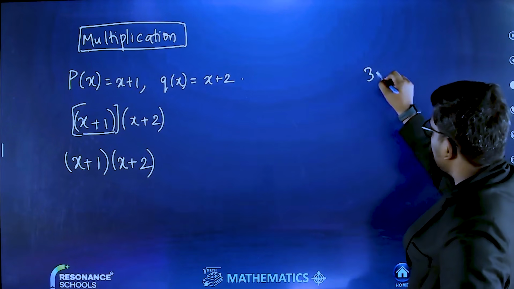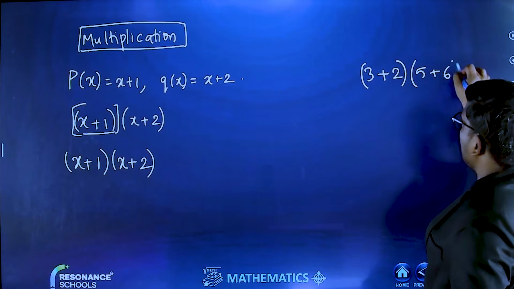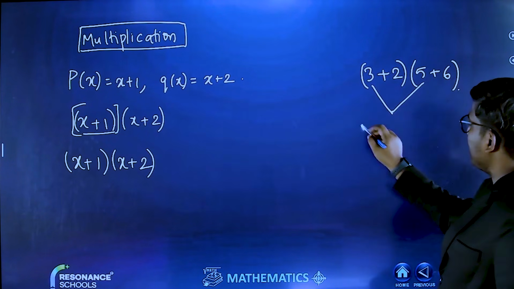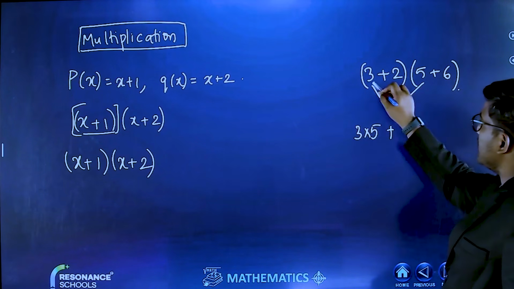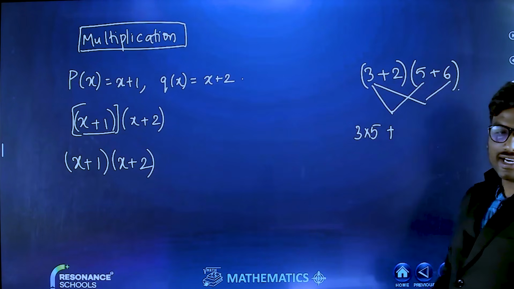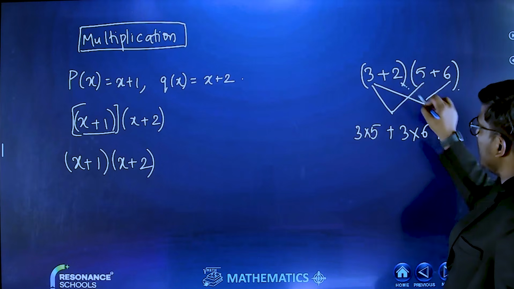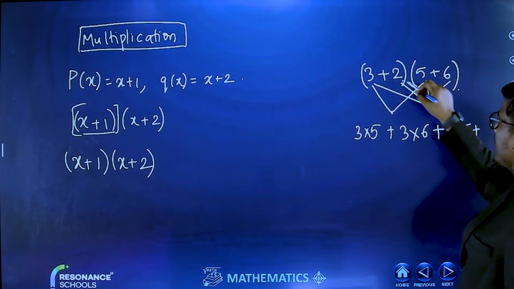Say that is 3 plus 2 into 5 plus 6. How can this be done? I can multiply 3 and 5, so that will be 3 into 5 plus. I can multiply 3 and 6, it will be 3 into 6. 2 and 5, 2 and 6.